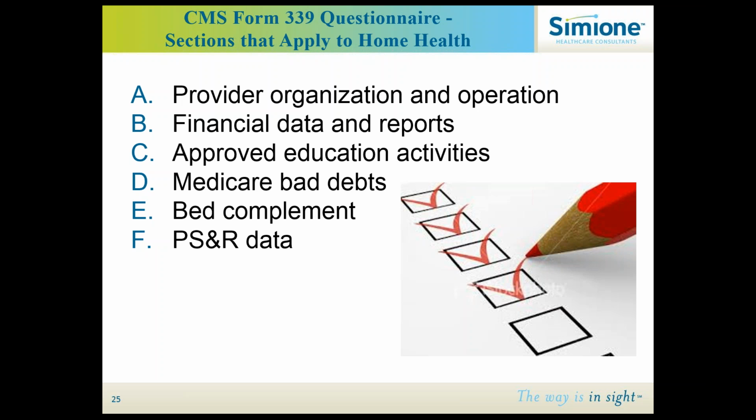Medicare says you have no bad debts since they pay properly and completely. Beds, no, you're not going to have any beds issues as a home health agency. And the PS&R data question is simply, are you using the PS&R, your own records, and Healthcare Synergy does a nice job of that, or a combination of the two? So that's simply the parts of the 339 you have to fill out.